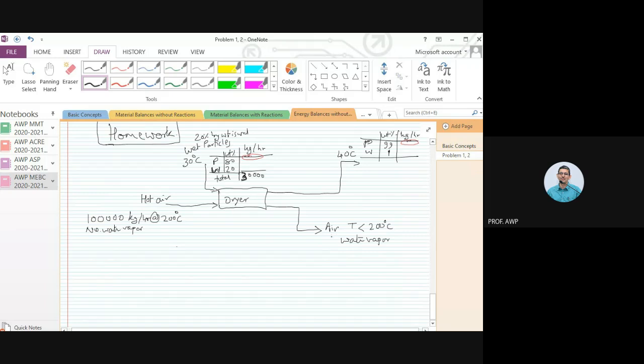Some of the liquid water has vaporized into water vapor. Right? Do you agree? Is the problem description clear to everybody? Yes, sir. Is the situation clear to everybody? Yes, sir.